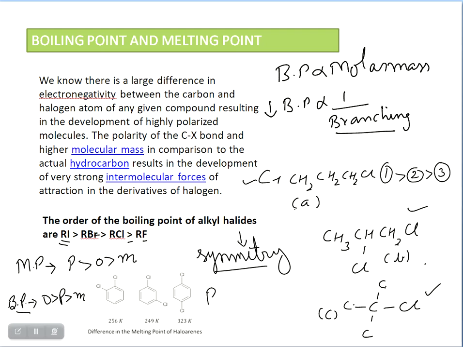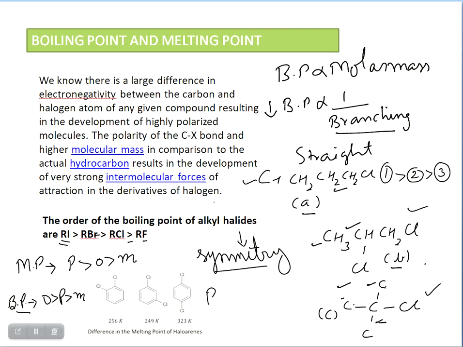You can see the example, this one and this one. Highest boiling point is this because it is a straight chain, second is this one because one branching is there, and third is this because three branchings are there. So A, B and C. Clear, students? Molecular mass and branching.